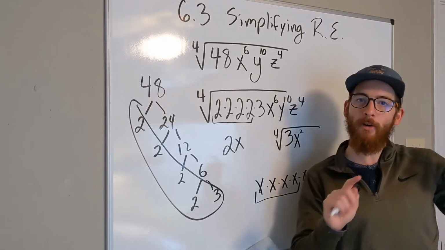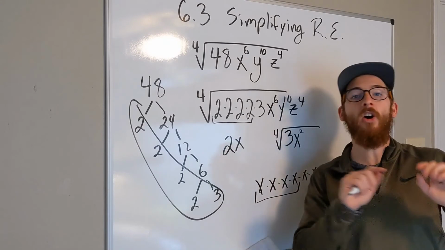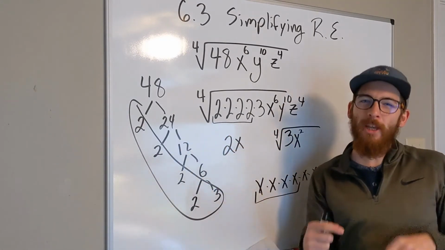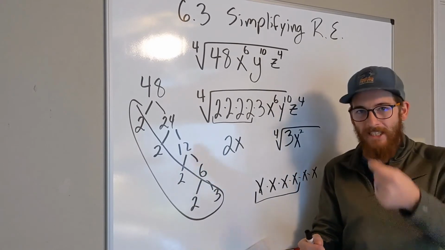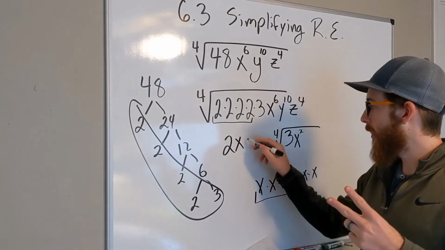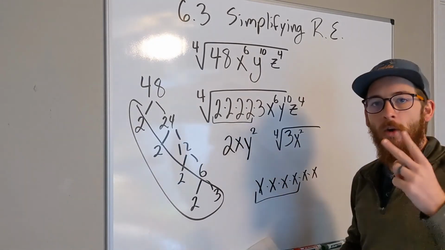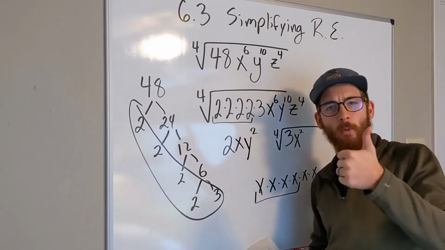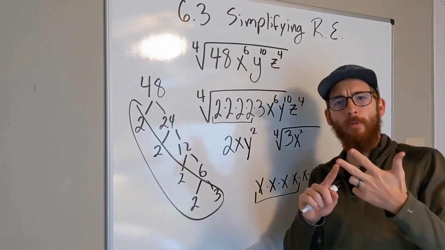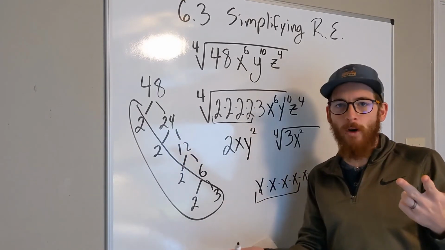Okay? Now, with y's, there are 10 y's. Y to the 10th power means y times itself 10 times. How many groups of 4 go into 10? 2 groups of 4, right? Y to the 2nd. Why? Because one group of 4 is 4 y's, a second group of 4 is 8 y's, and a third group of 4 would be 12 y's, but we don't have 12 y's.